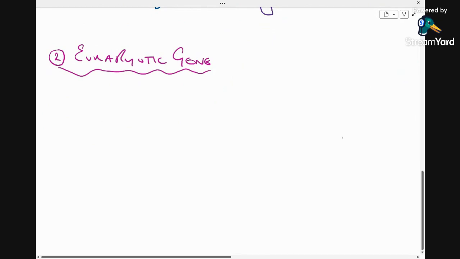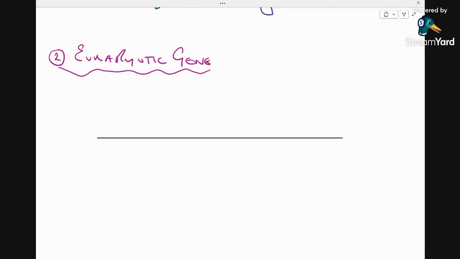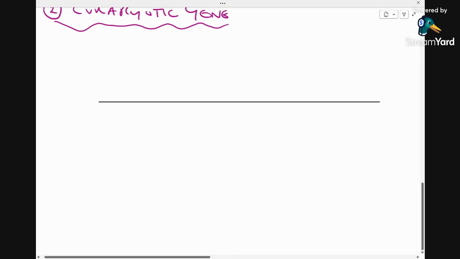Here we go. So this is our gene again. We're going to build our gene. So I'm going to kick off with a promoter in green. Here. So I'm going to label that. And I'm going to label the terminator.